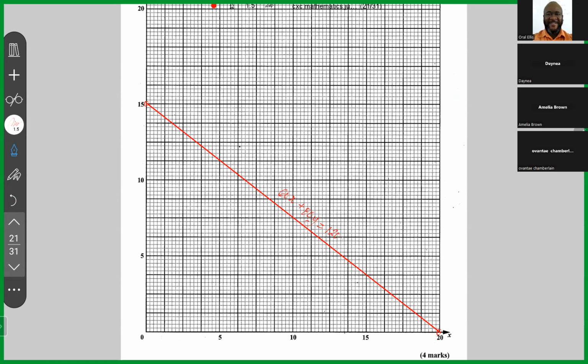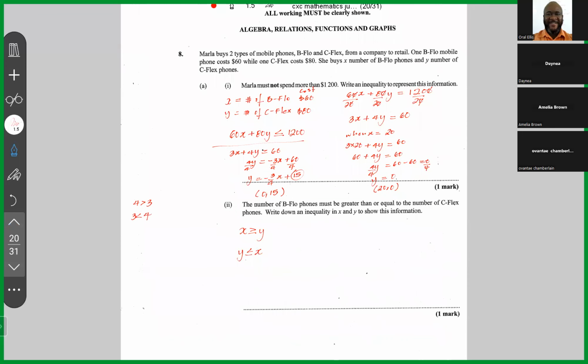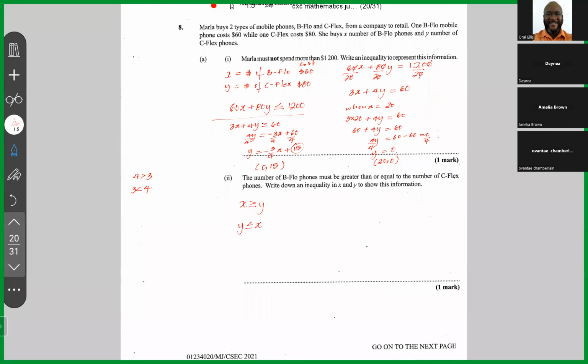All right, the next inequality, we're to represent both inequalities. The next inequality is y is less than or equal to x. Now, if I'm going to represent the inequality y is less than or equal to x, I must draw the line y is equal to x.